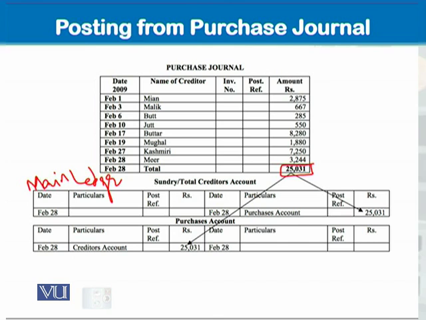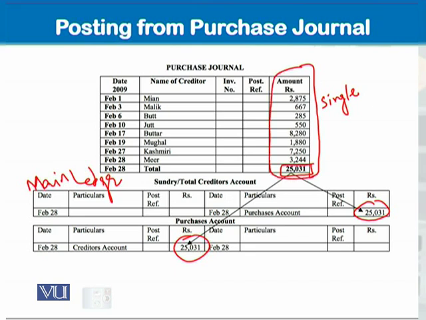Always remember, although this purchase journal is maintained on a single effect basis, we have to post it based on the double entry bookkeeping concept. Why was it maintained on a single effect basis?